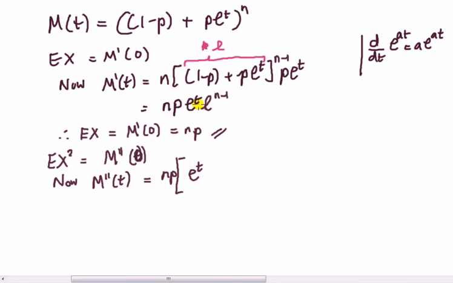Okay, now I'm going to do the derivative of this part. What I have is n minus 1 times L to the power n minus 2, subtracting 1 off that power, and now times the derivative of the inner bracket with respect to t, so that's going to be p e to the t again.